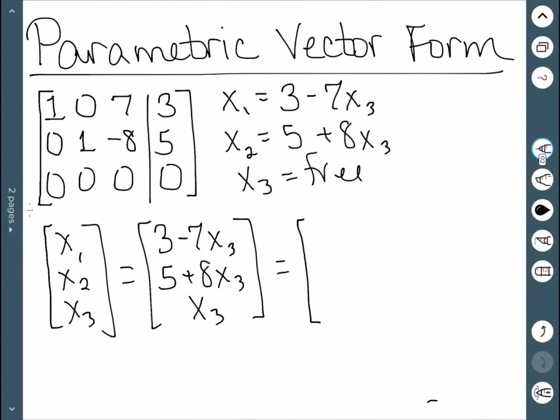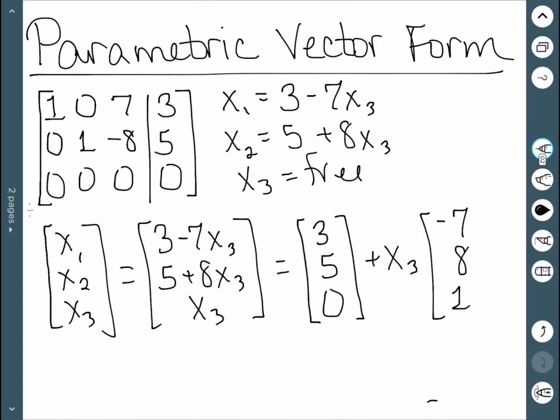I'm then going to break this up. I'm going to write the constants, 3, 5, and 0. And then I'm going to do everything with an x3. I get negative 7, 8, and 1. So I can see that now I have this written as a constant vector plus x3 times a vector. And this is parametric vector form.